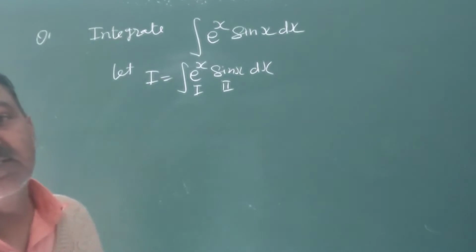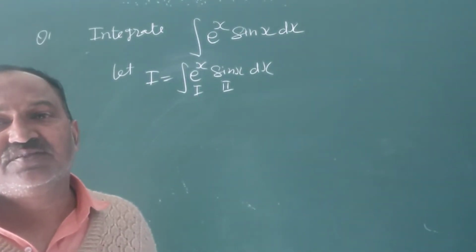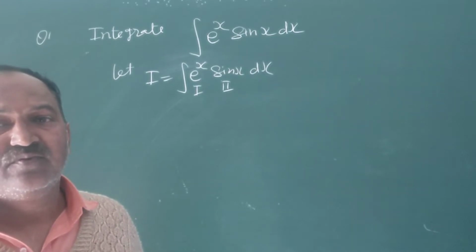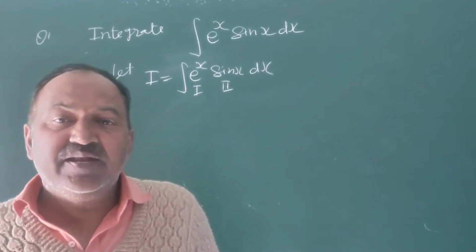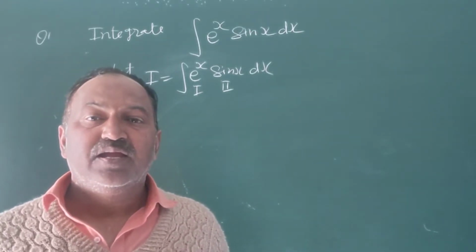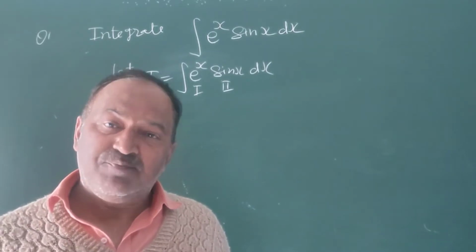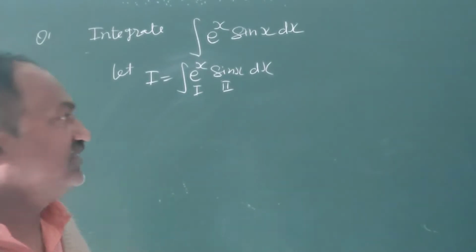Let e raised to power x be first. We can also take sin x as the first, as per the rule. But if we take e raised to power x as the first, we can also calculate the value of this integral. So let e raised to power x be the first and sin x the second.